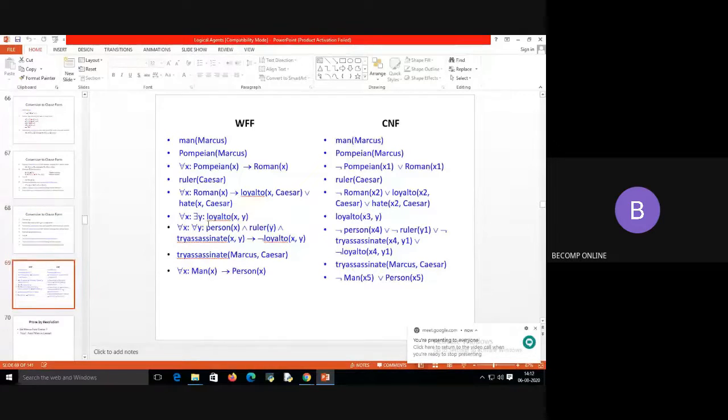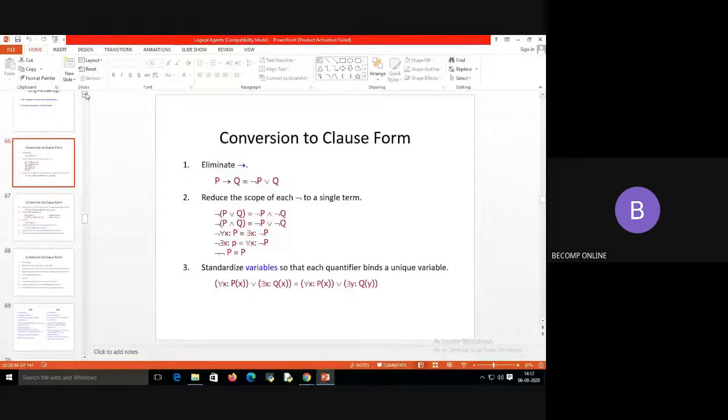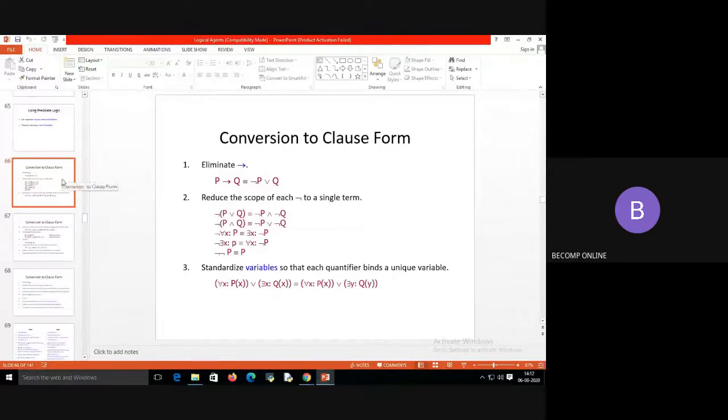I have not written the English sentences because we are going to discuss for this example proof by resolution. And proof by resolution, I'll just quickly wind up and tell you because next week we have to see this. Proof by resolution involves a different technique.